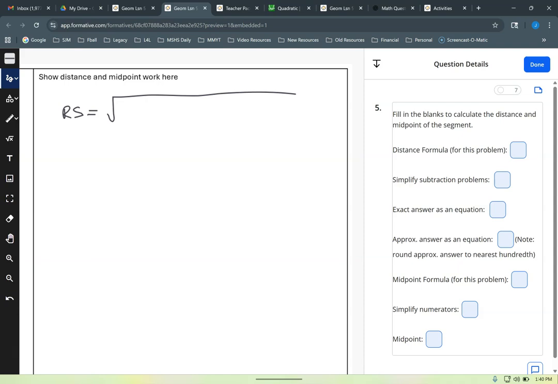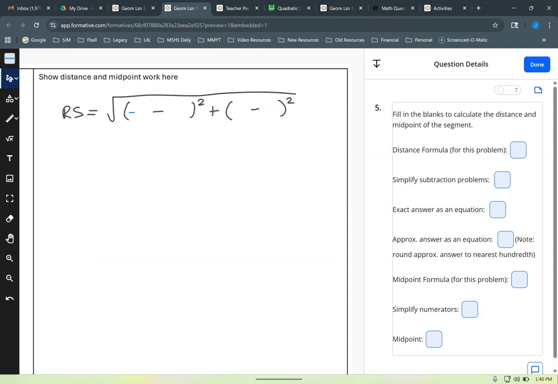Okay, so we're going to set up some parentheses that are being squared here and some subtraction problems so that we can do our RS. Okay, so R is -7, S is -3. So we'll just call R ordered pair number 1 and S ordered pair number 2.